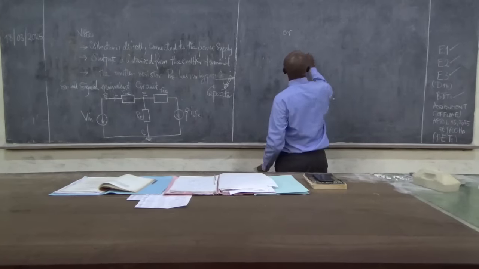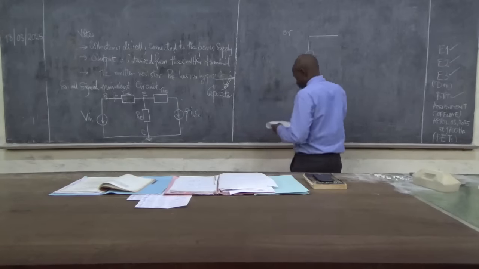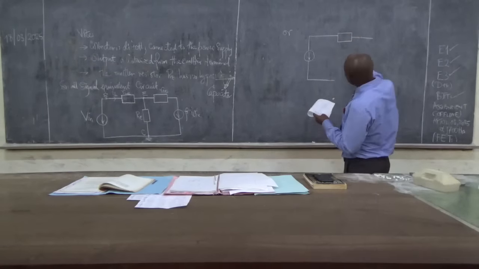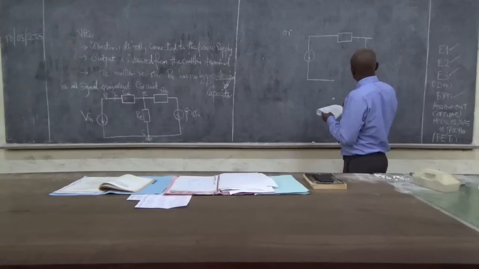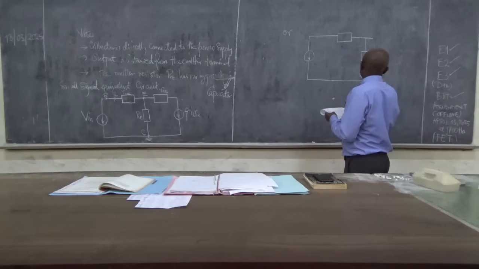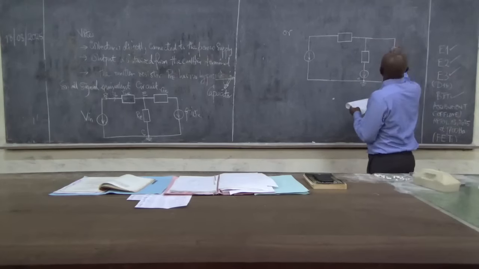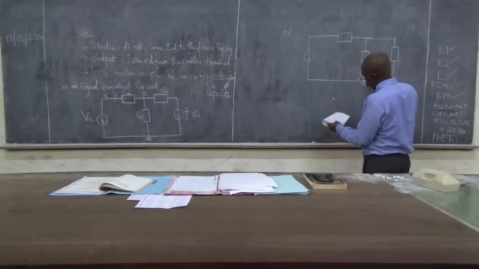Then we have the V. Then we have the RB, then we have the source here, still grounding, C. This is the RC, RL.